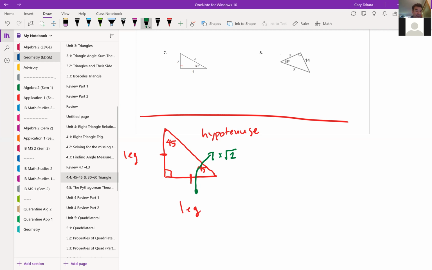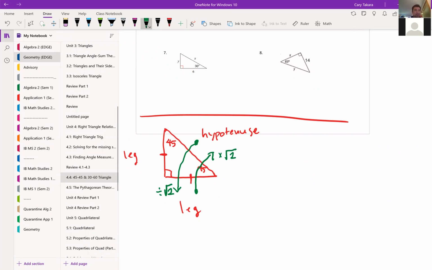Okay. Now, if you do know the hypotenuse, how do you get back to the leg? How do you find the leg? In this case, you're going to divide by square root of 2. That's it, okay? This is it for the 45 right triangle, because the other two legs are the same.